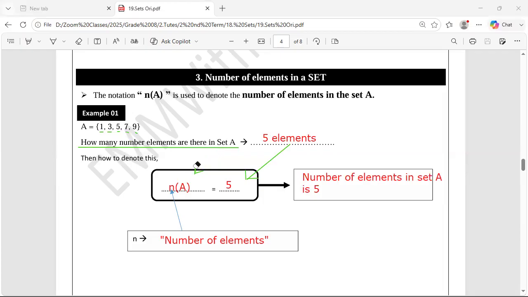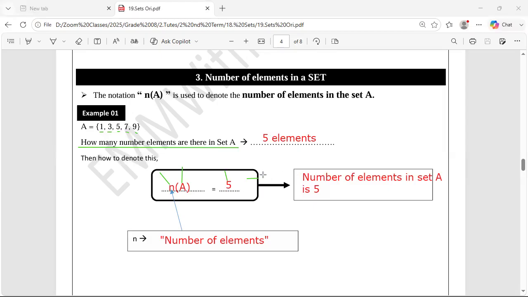You don't need to mention this. Okay? So you need to identify the pattern. Here you have: number of elements in A is 5.